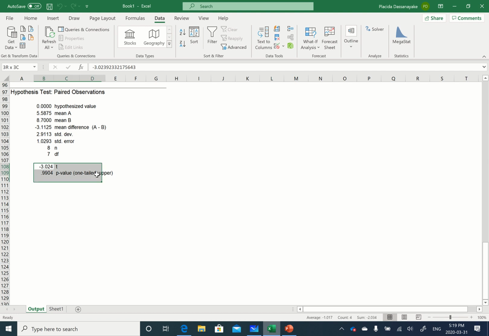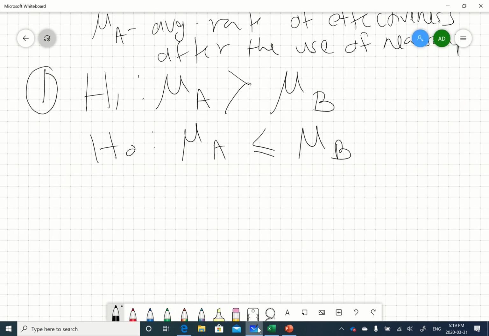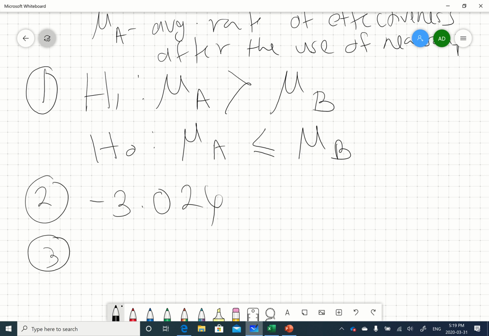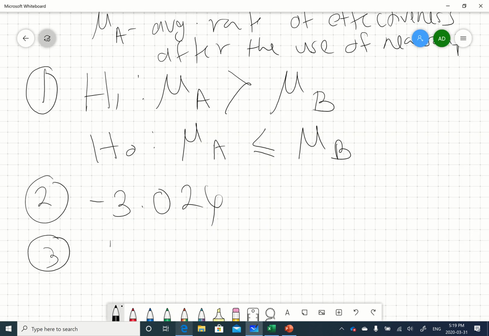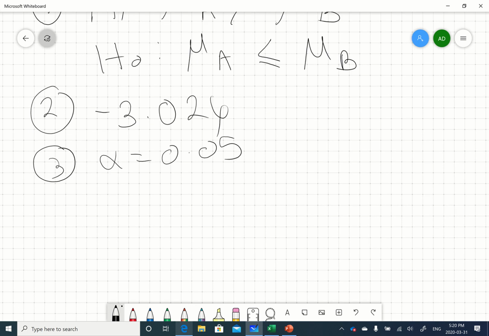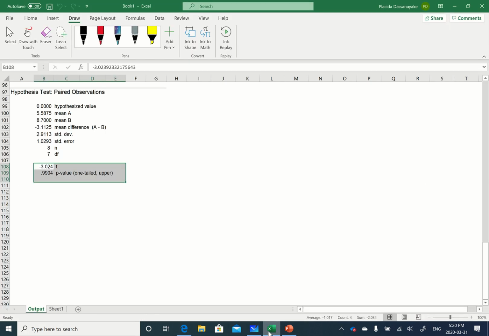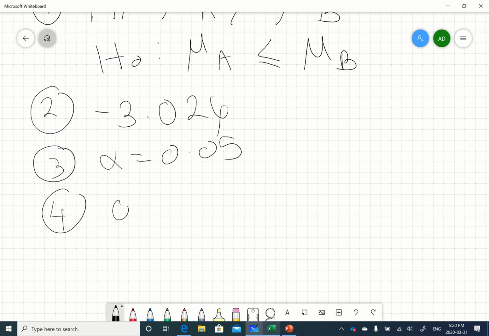Right, so these are the numbers. 3.024, and let's see if we have alpha. No. If not, take 0.05, and then the p-value is 0.9904.